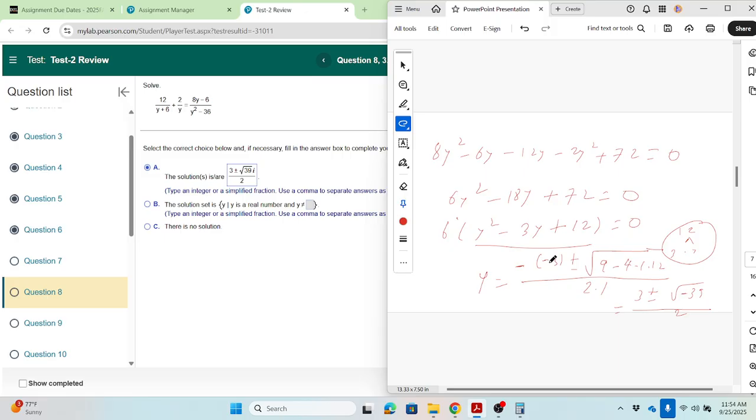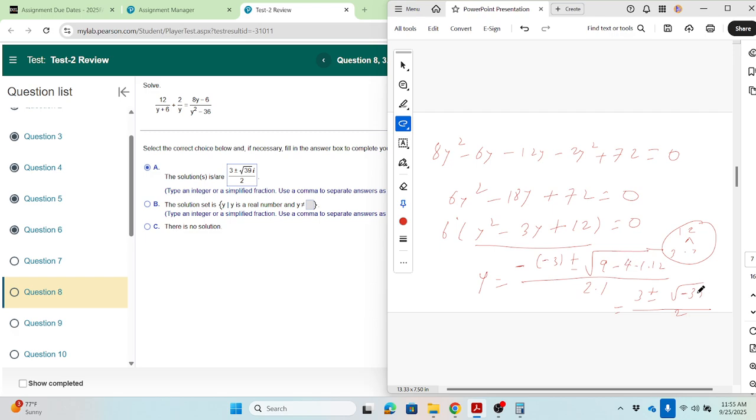Negative b plus minus square root of b square, which is 9 minus 4ac, which is 48. So 48 means it's 39.